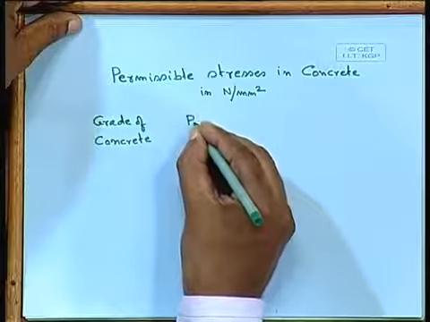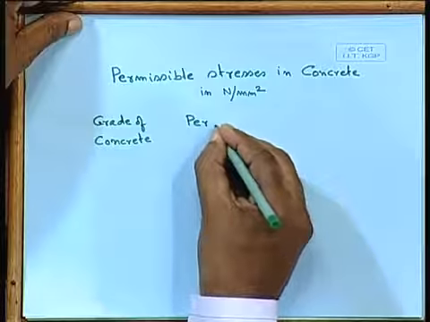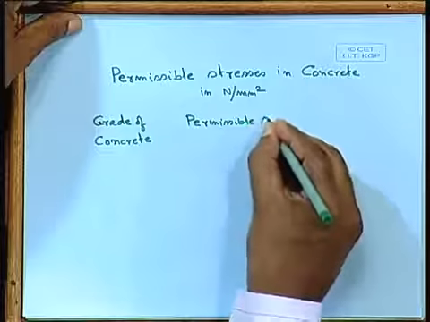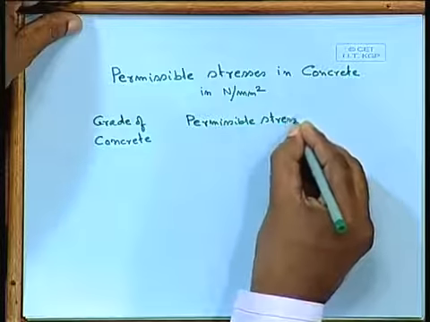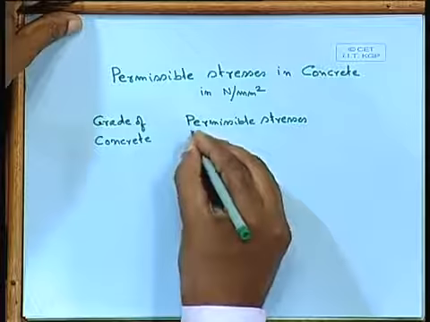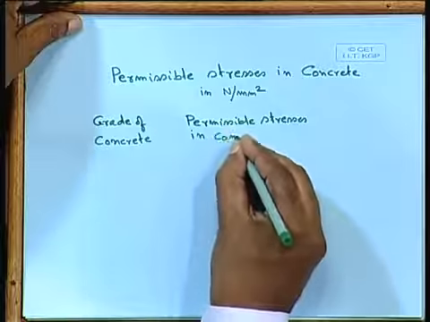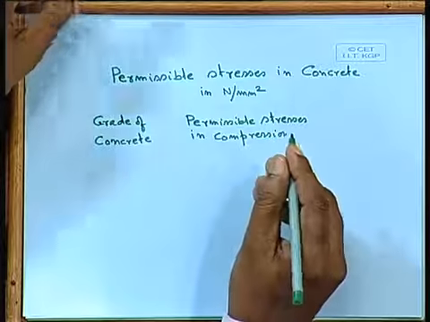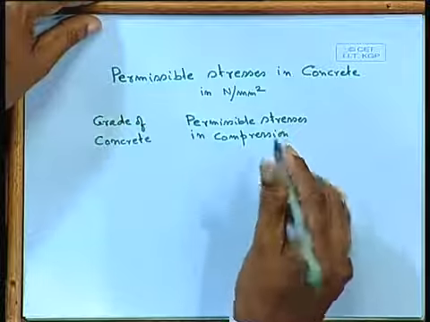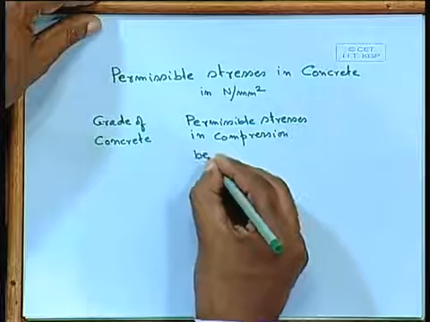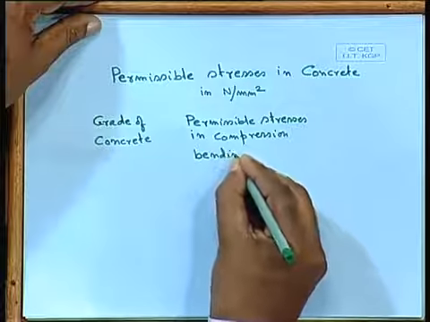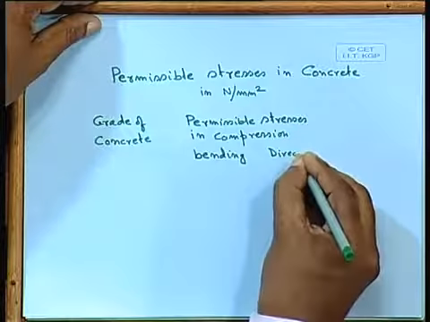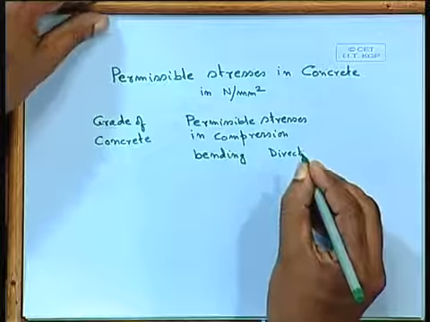And permissible stresses in compression. Permissible stresses in compression has two parts. One is bending, another one is direct. One is called bending, another one is called direct.